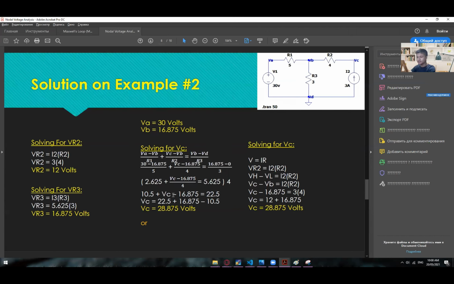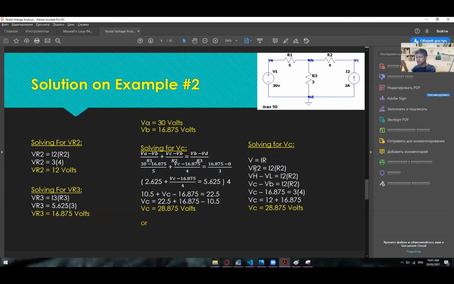In here we have 22.5 plus 16.875 minus 10.5. Just solve this one using your calculator, and then you will get 28.875 volts. So this is the solution using our main expression.